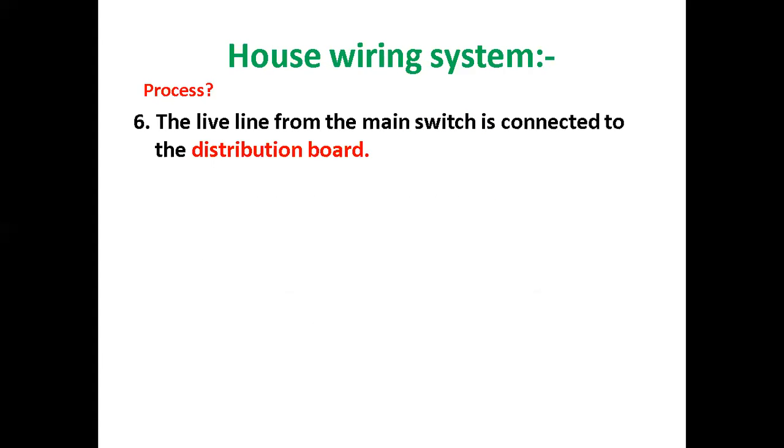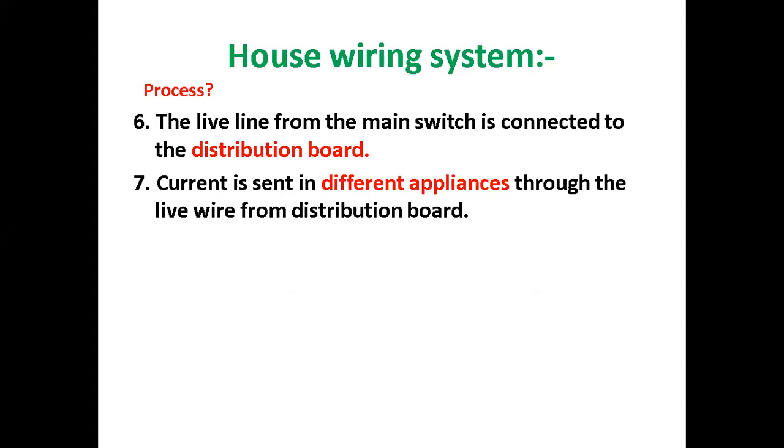Then from the main switch, the wire is connected to the distribution board, and from the distribution board, home appliances are run. In this way, this is the simple process of house wiring.